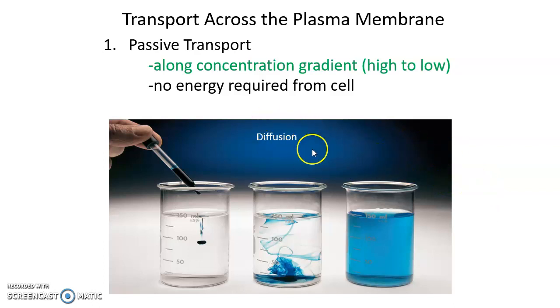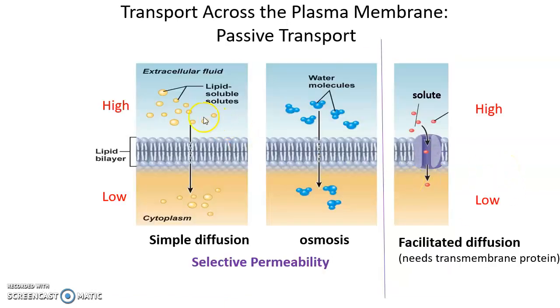One common form of passive transport is diffusion. So for instance, here we drop some dye into this water in a beaker, high concentration of dye in the droplet, low concentration in the water, and over time the dye molecules will move from high concentration to low until we get an even distribution of dye. For our cells, the material is going from high concentration to low, crossing the plasma membrane.